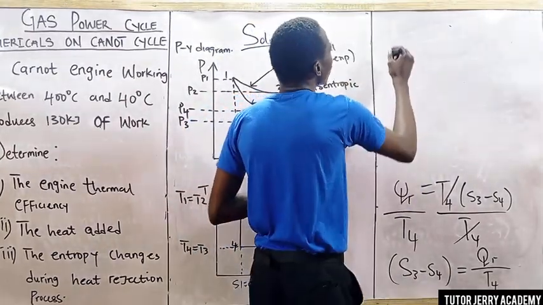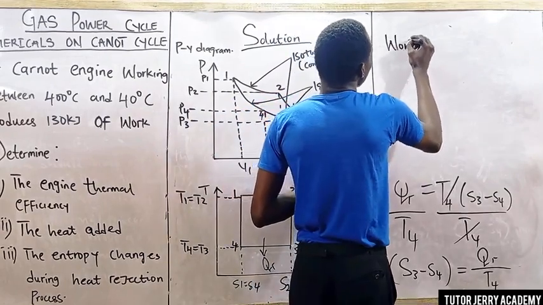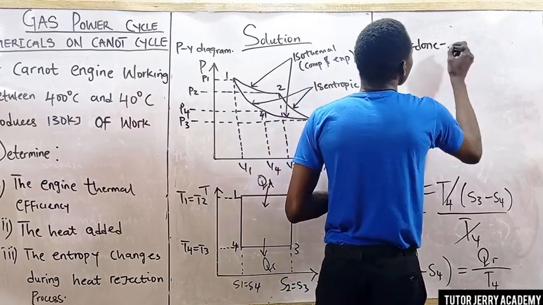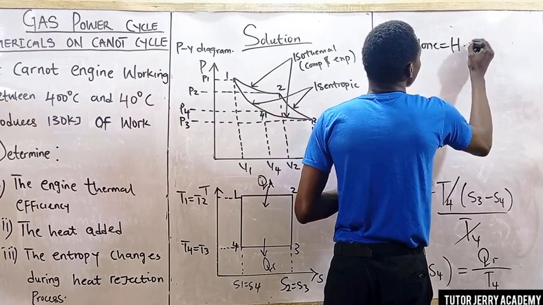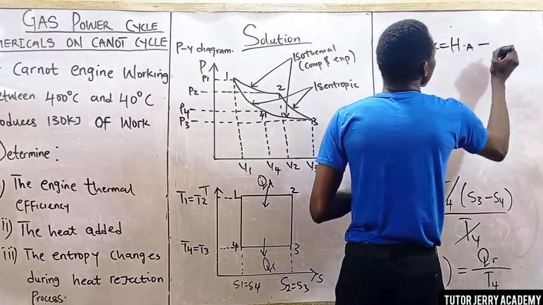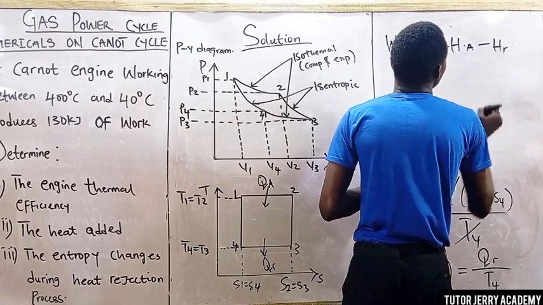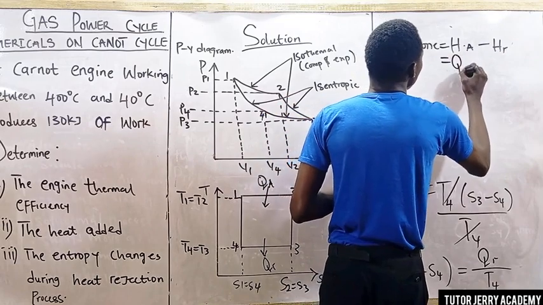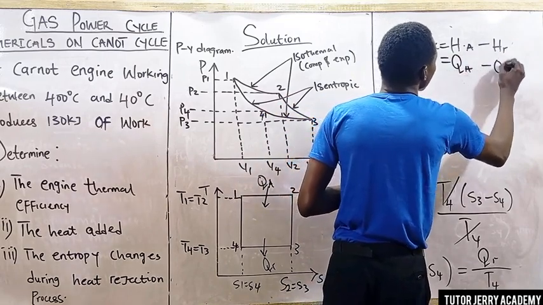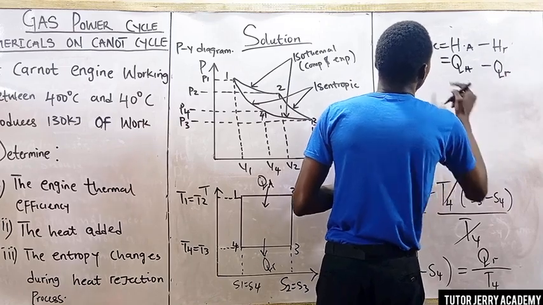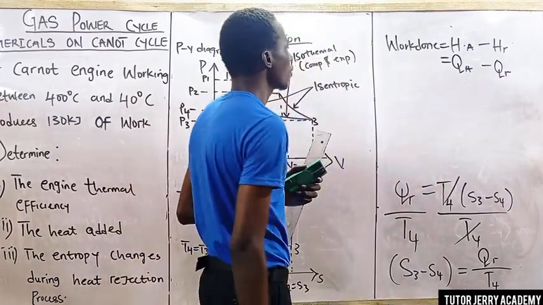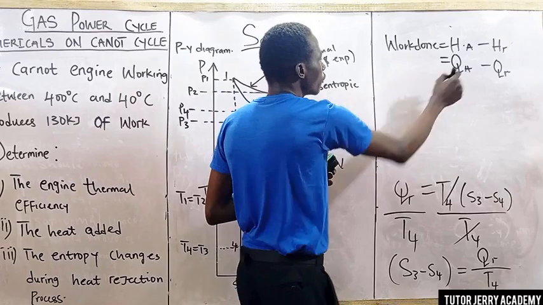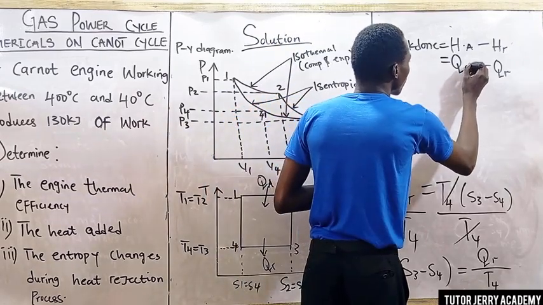But from work done, we know that work done is equal to heat added minus heat rejected, so I can say Q_A minus Q_R. From here, we can find Q_R. Of course, we know our value for Q_A. We have gotten that already.